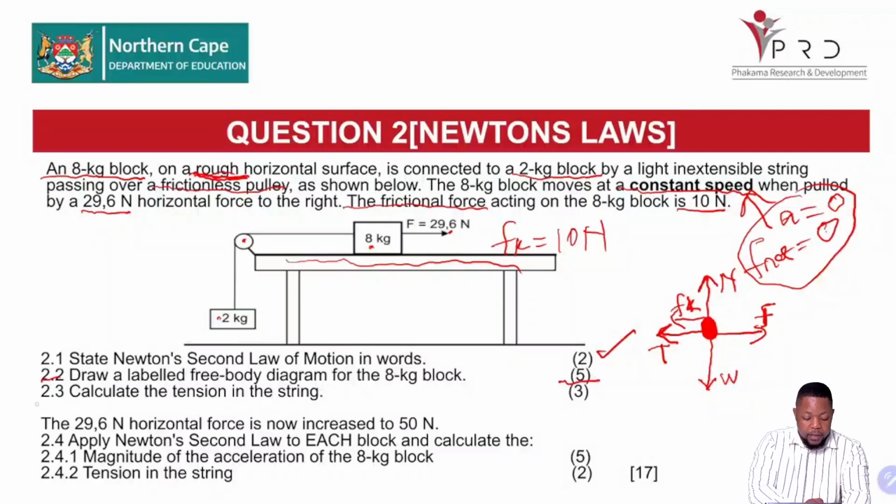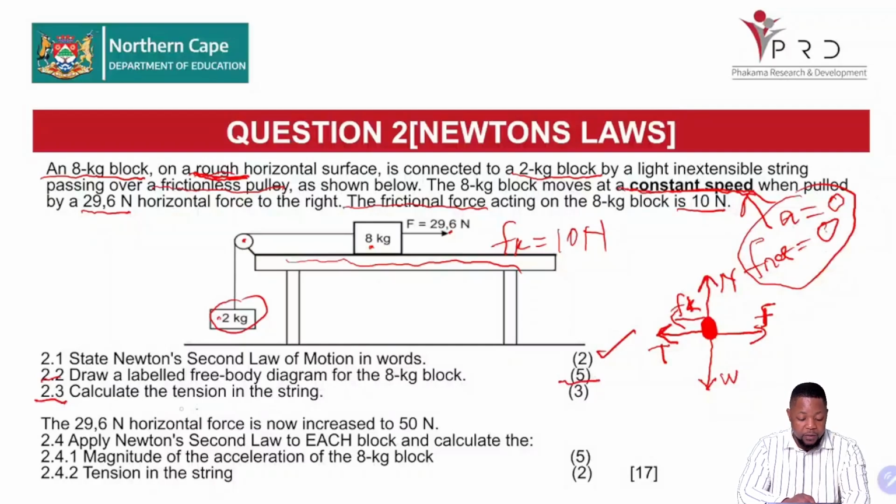Then 2.3 says calculate the tension on the string. If we want to calculate the tension on the string, we also remember that this system is moving at a constant speed. Our acceleration is 0, and the net force is equal to 0. They did not ask us to draw the free body diagram for the 2 kg, but the 2 kg can give us the tension force quickly.